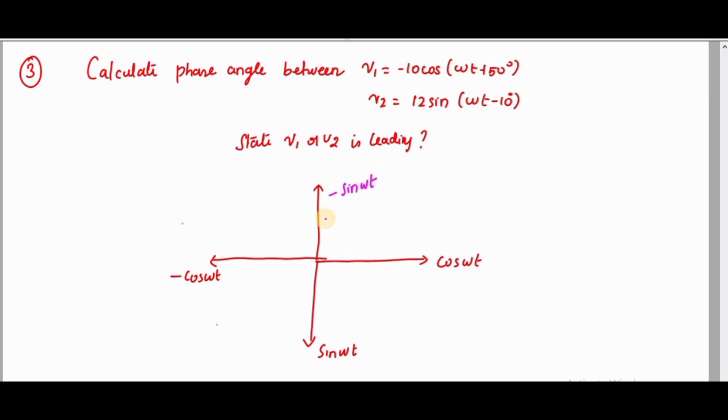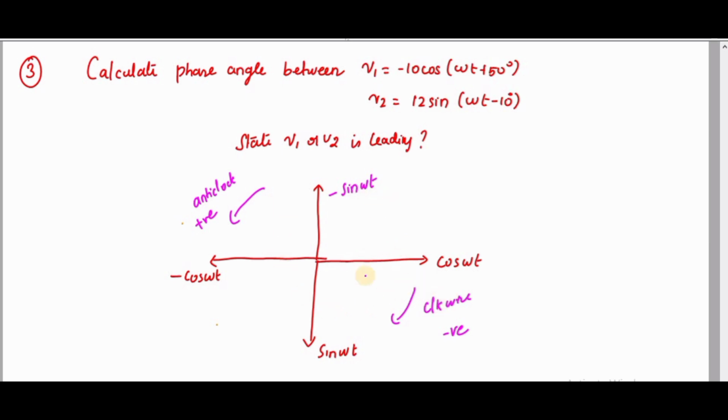If it is going in the clockwise direction, it must be negative. If it is going in the anti-clockwise direction, it is positive.